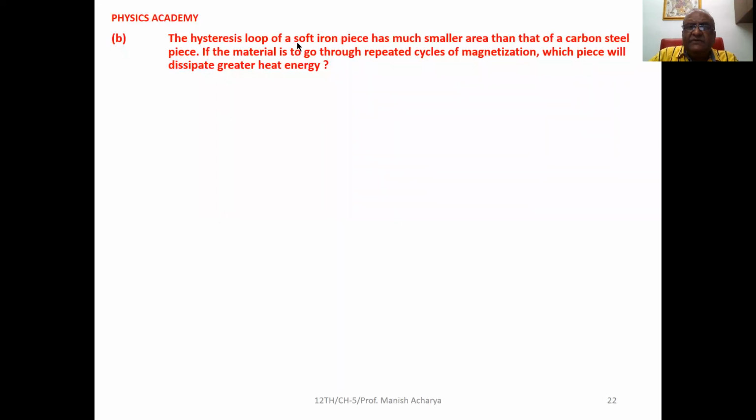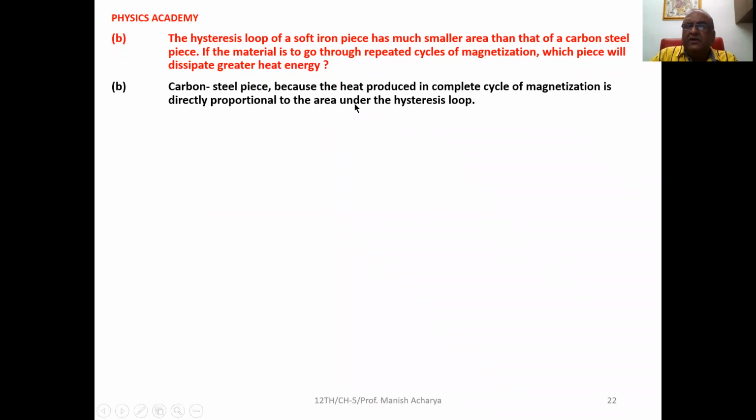B. The hysteresis loop of a soft iron piece has a much smaller area than that of a carbon steel piece. If the material is to go through repeated cycles of magnetization, which piece will dissipate greater heat energy?